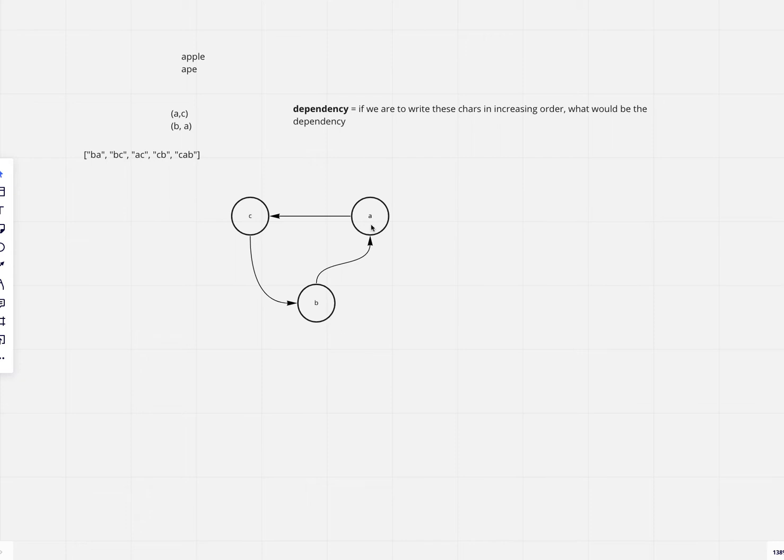We can start at B, but we can't call B the first character in the alien language because B comes after C, right? Similarly for A and similarly for C. So there is a cycle, this is invalid.